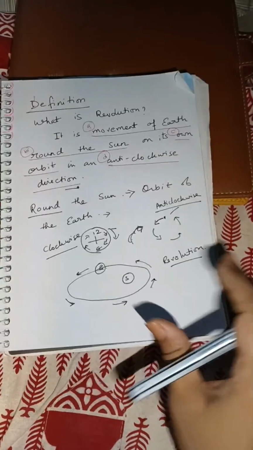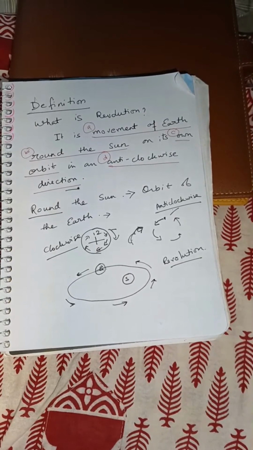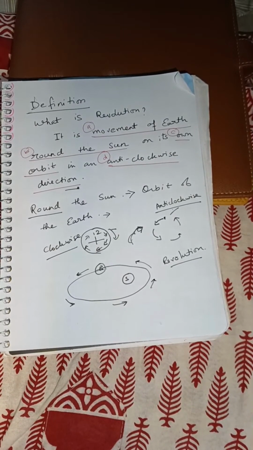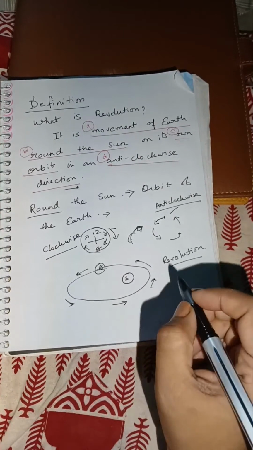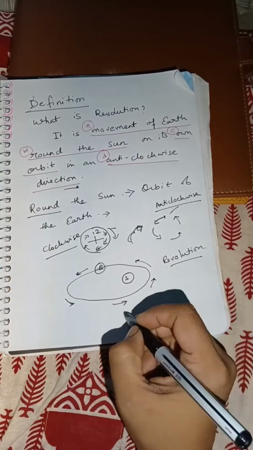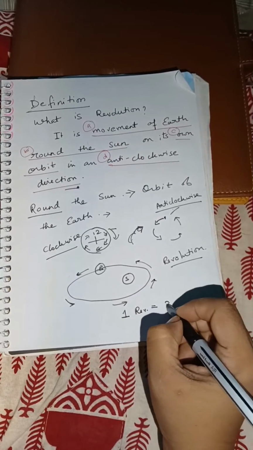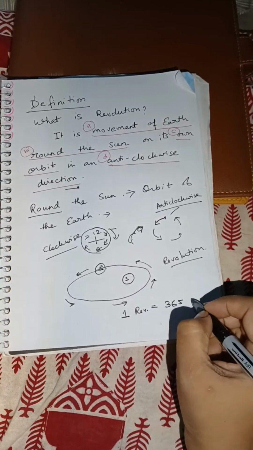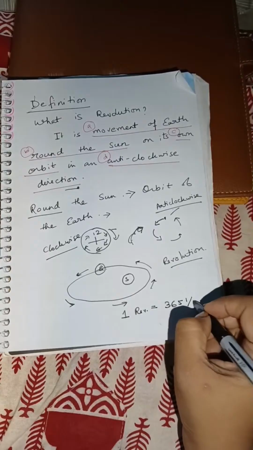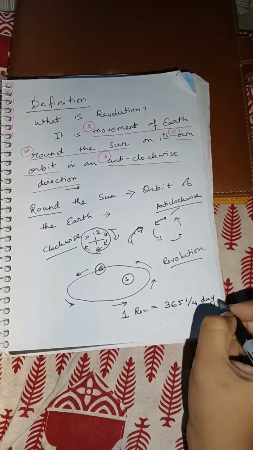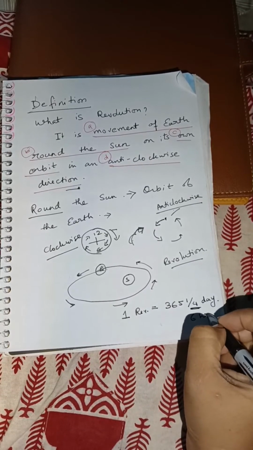Now this revolution, how long does it take? What is the duration to take one complete revolution? One revolution is equal to 365 and a quarter days. That is 1/4 day, which means 6 hours.